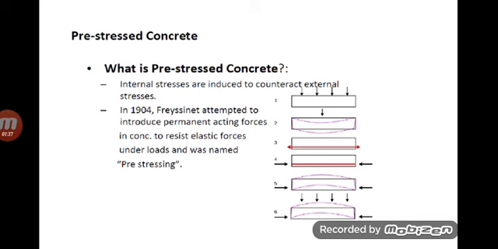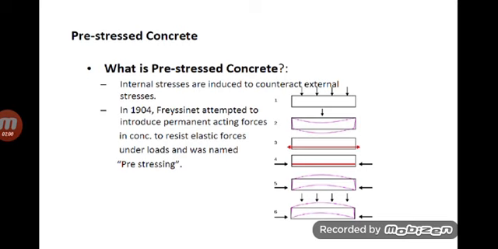If we apply pre-stressing force in the concrete beam, figures 3 and 4 show the application of pre-stressing force. When we apply pre-stressing force, see figure 5, there will be an internal compressive force induced, and the beam will bend in the upward direction.